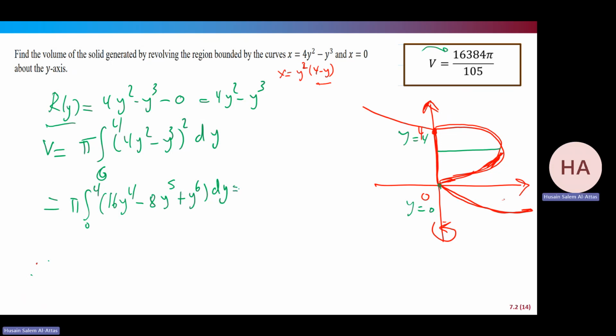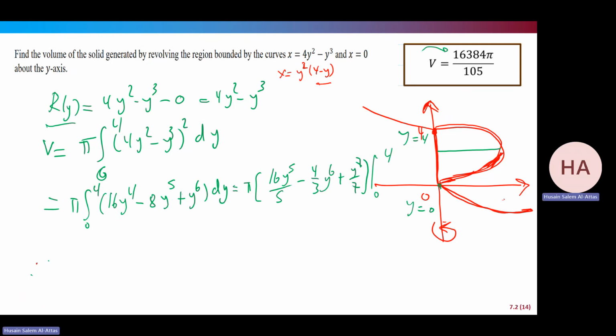That gives me 16 y to the power 5 over 5 minus 8 y to the power 6 over 6, so it will be minus 4 over 3 y to the power 6 plus y to the power 7 over 7. From 0 to 4.